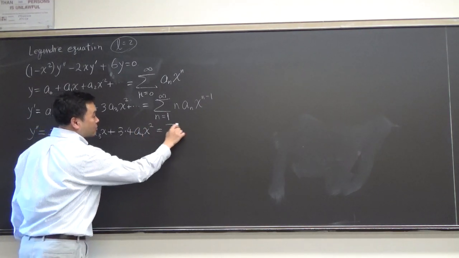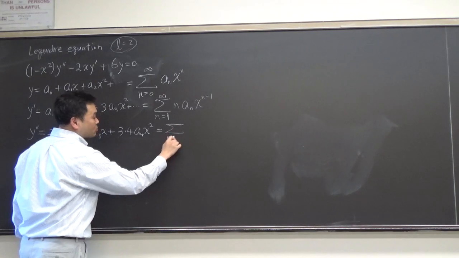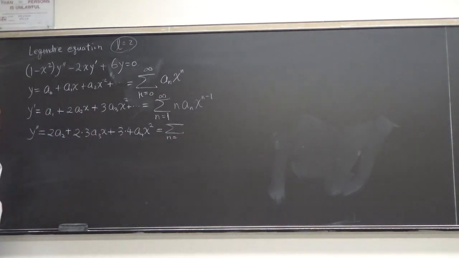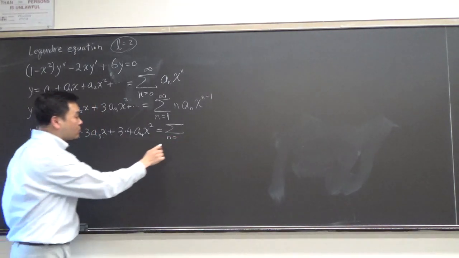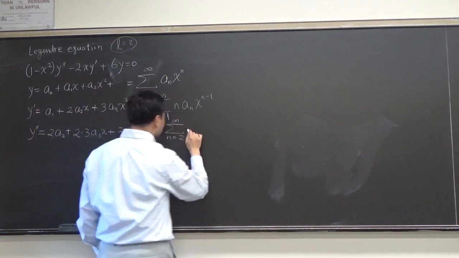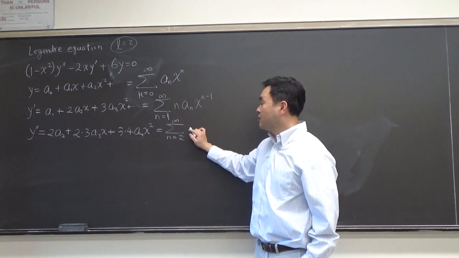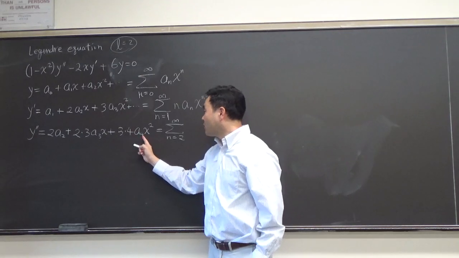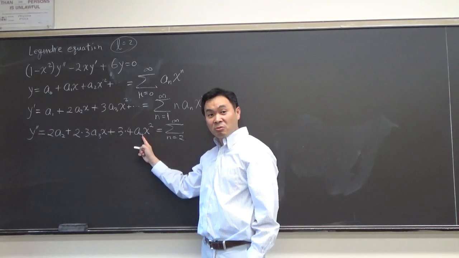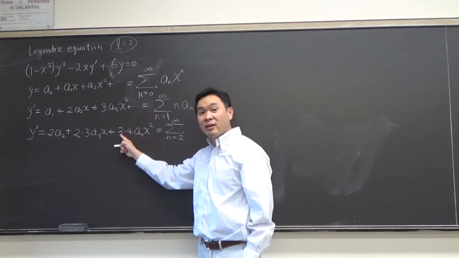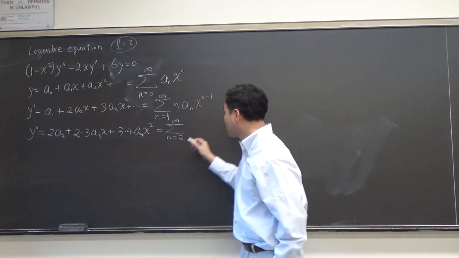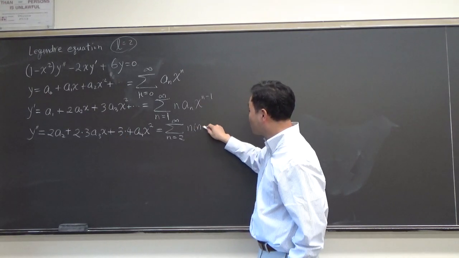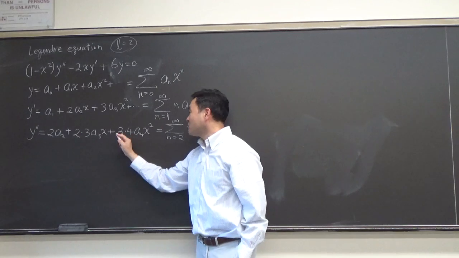Okay. Therefore, the summation would be n starting from 2 to infinity. Okay. And what goes here? n times n plus 1. Yeah. Right. No. This is n. We call the subscript n, and this would be n minus 1. So it would be n times n minus 1. Sorry, I should really have written out 4 times 3.